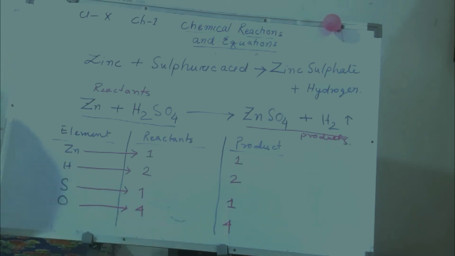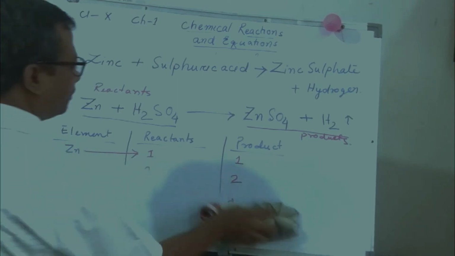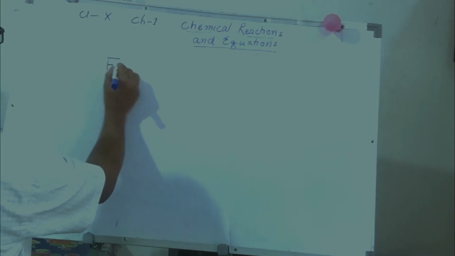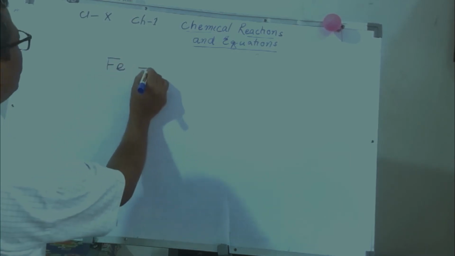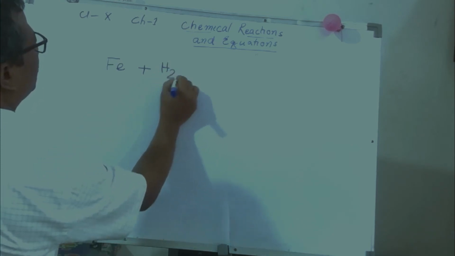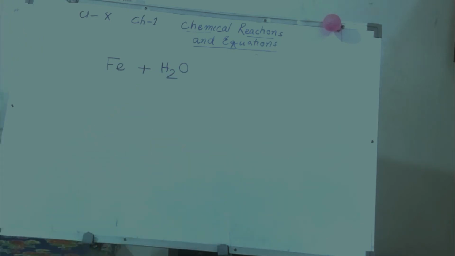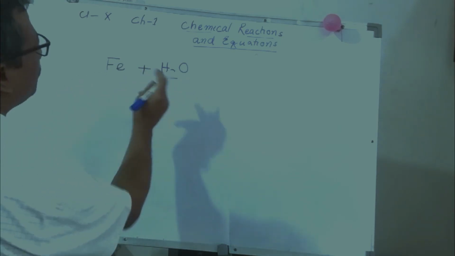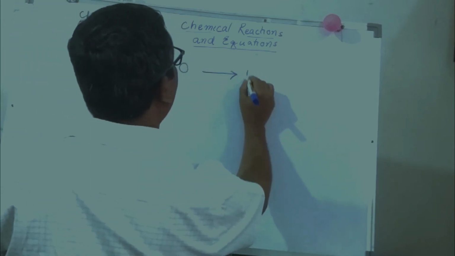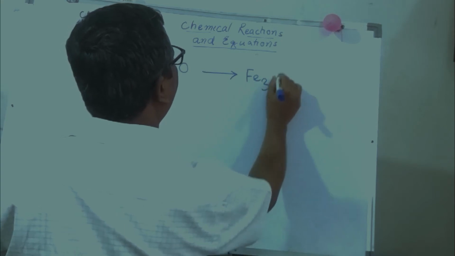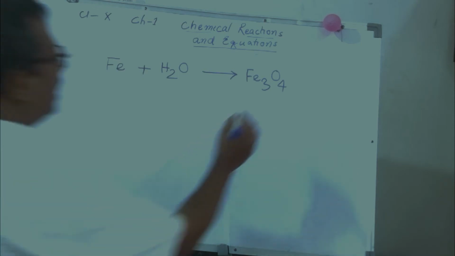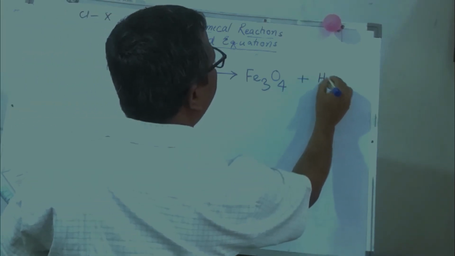Now let us see another example. Iron, the symbol of iron is Fe, plus water, H2O. When iron reacts with water, it produces iron oxide plus hydrogen gas.